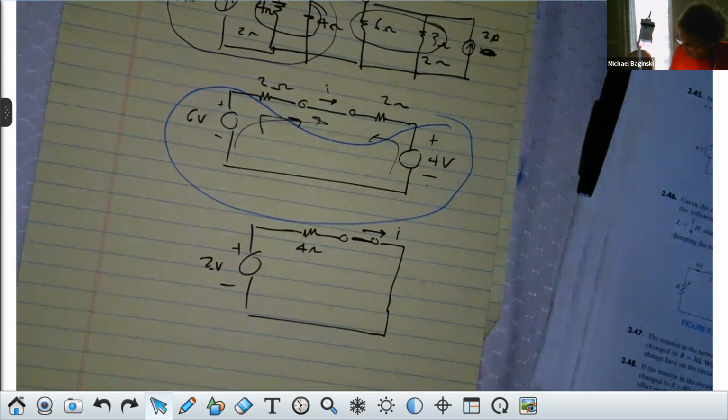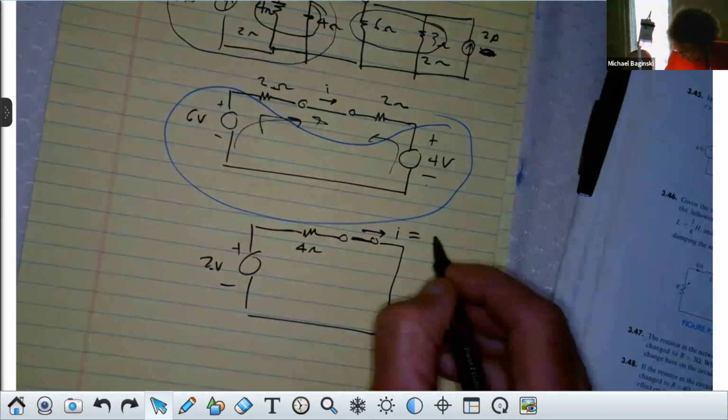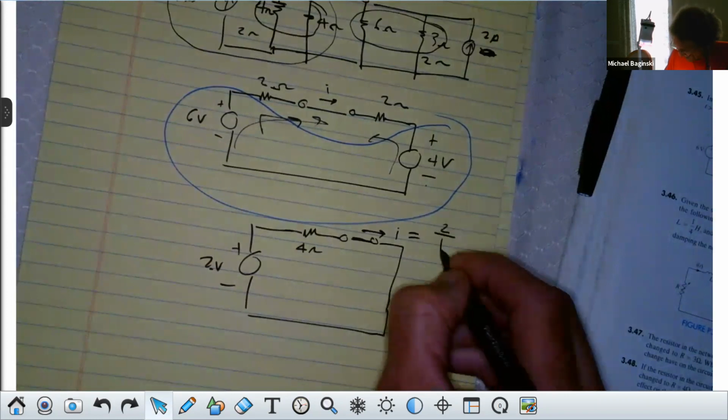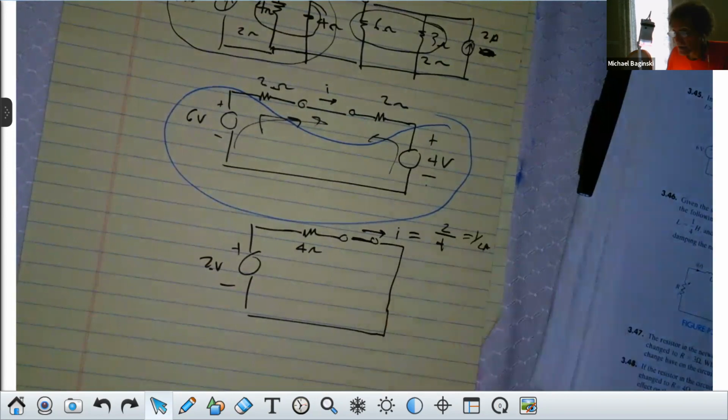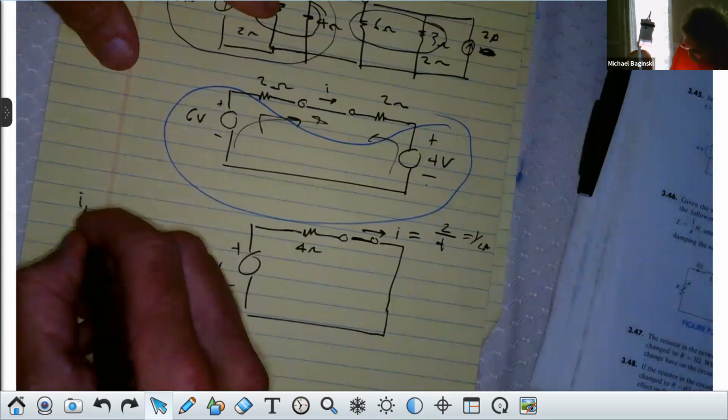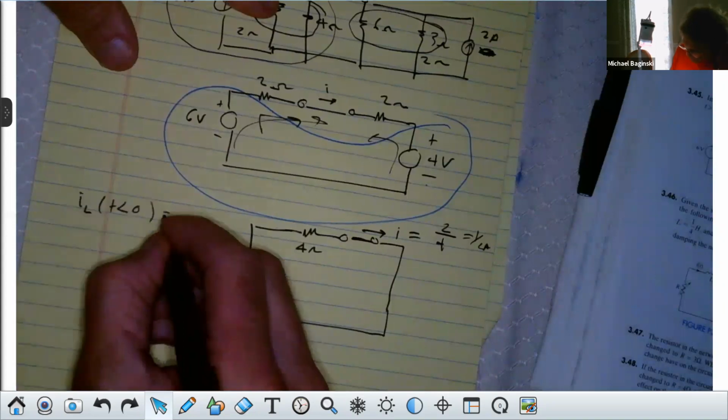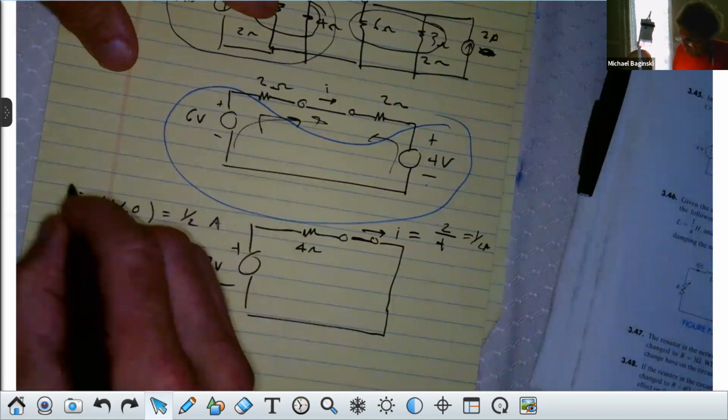And that means this current is what? 2 by 4, right, is 1/2 of an amp, right? How many see that? 2 volts by 4 ohms is 1/2 of an amp. So I, through that inductor for t less than 0, is 1/2 of an amp. That was the key thing to this problem.